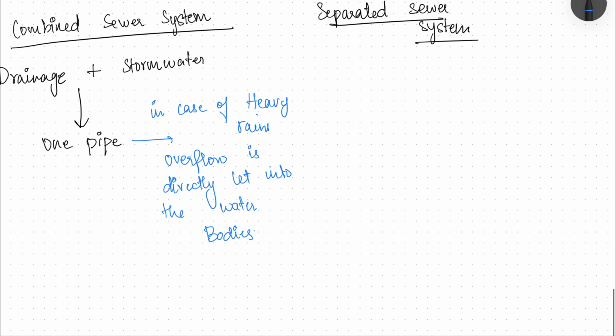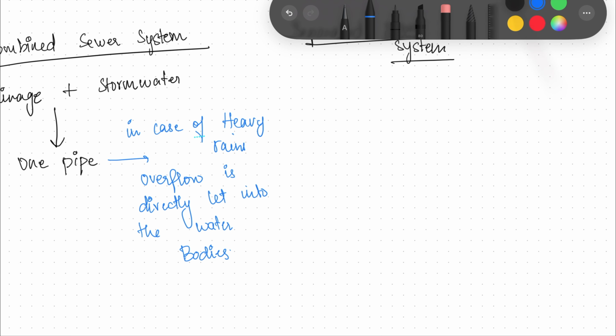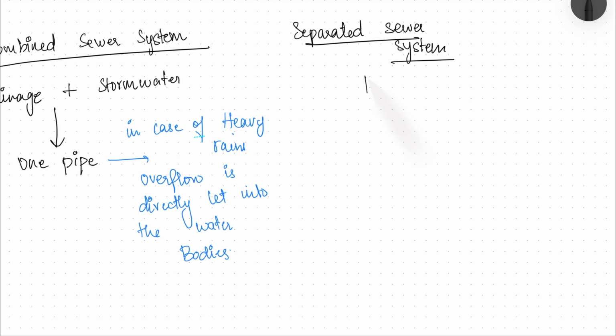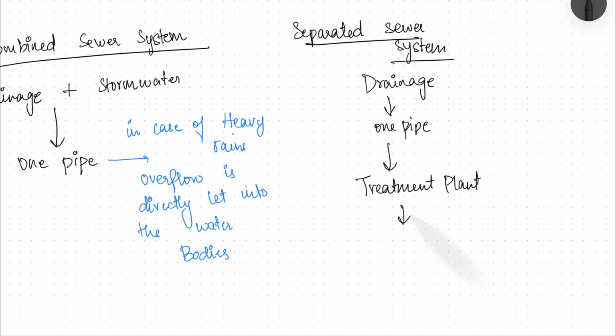In a separated sewer system, your drainage from the building is connected to one pipe, and it is taken up to the treatment plant where it is treated, and after that it's let into the environment.